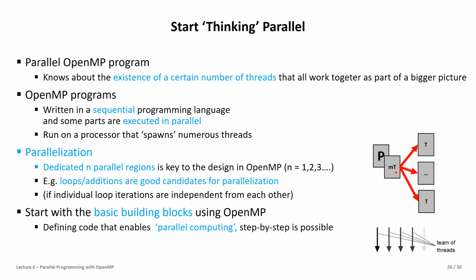We also learned that the master thread is a very important thread and is almost always existing. And the interesting thing is that it remains a sequential programming language, how we do it. As you remember, we just add compiler directives here and there in the sequential program to denote parallel regions. And then the threads will work in these parallel regions, working on some nicely parallelizable problem like loops and so on, which we will look at today.